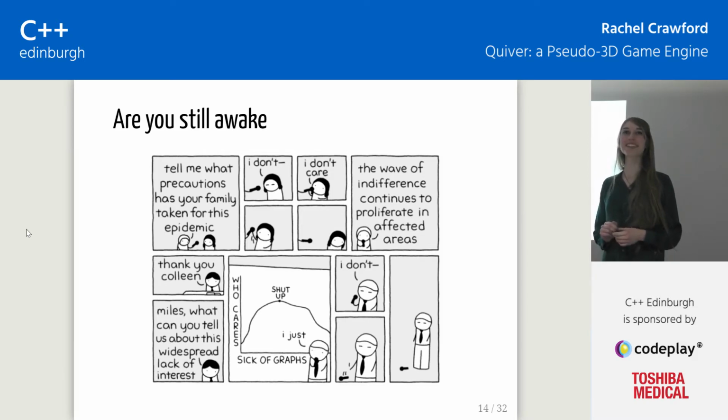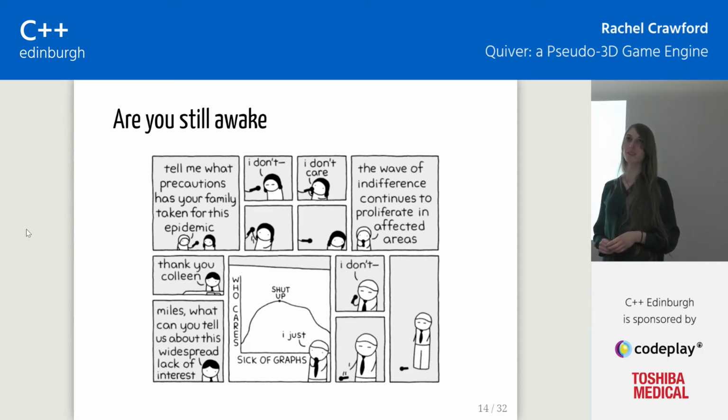Anyone else? Yeah, I've got two questions. The first one being, I was wondering if you could go into a little bit more detail about the raycasting. And the second one is that Hexen, which is a sort of spiritual successor to Doom in the sense that it was based on a modified id engine, allows for looking up and down as well. Is that something with Quiver in the future?